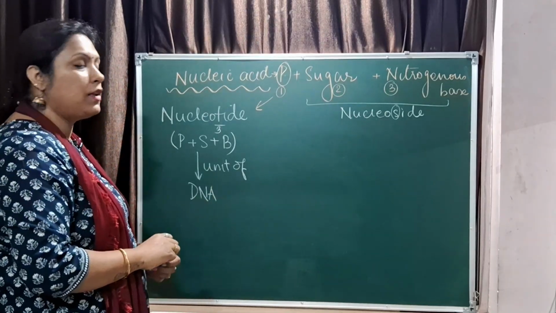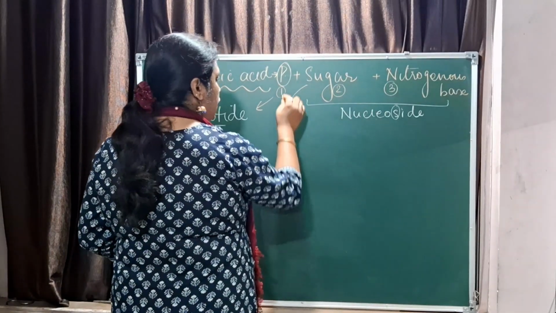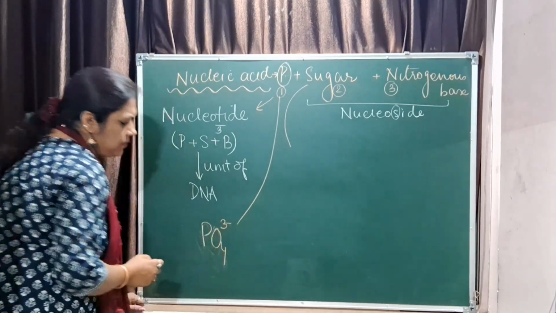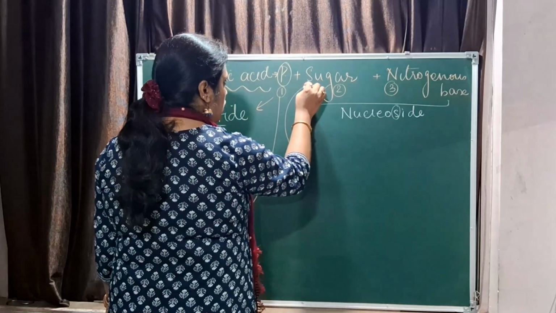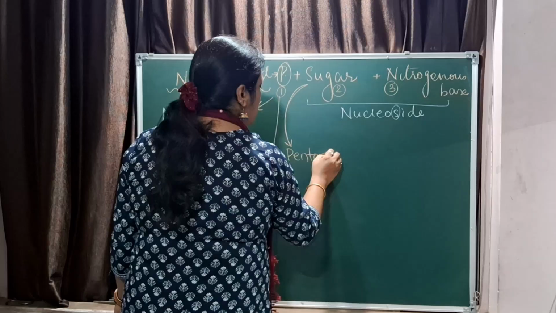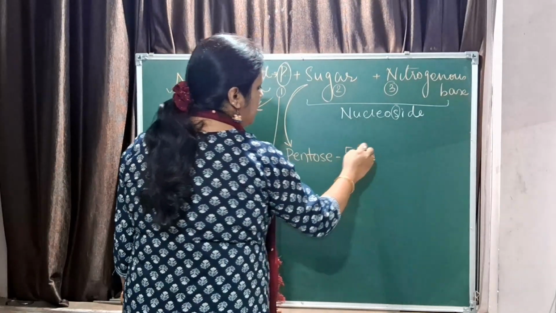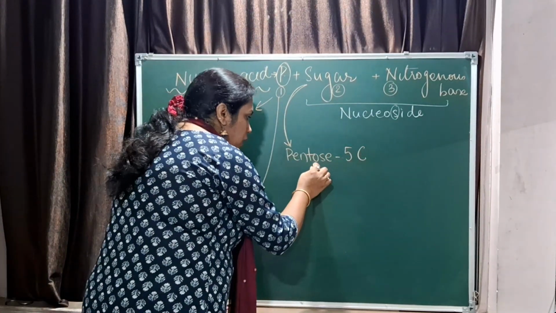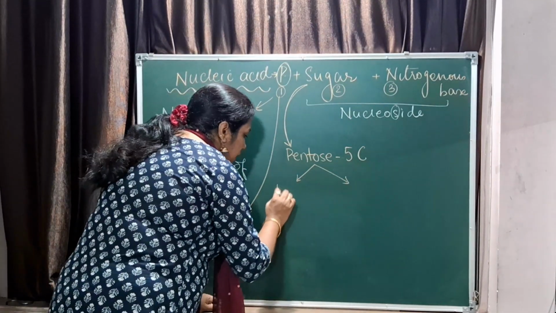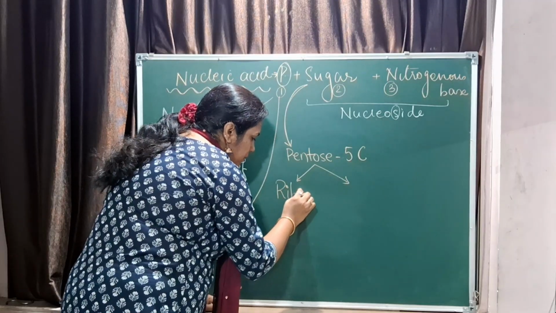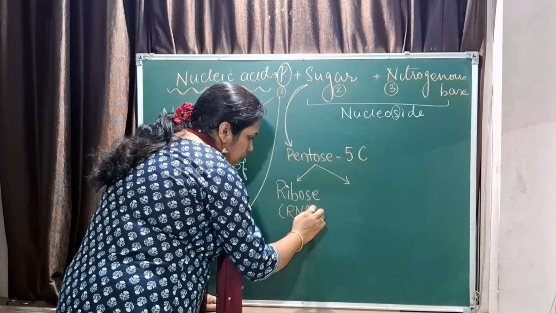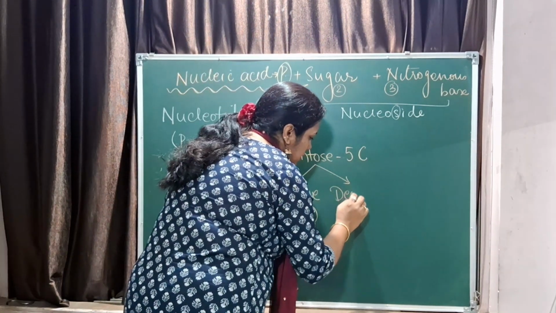Now when we talk about the sugar, phosphate, you all know it's this PO4 3 minus is the phosphate. Let us talk about the sugar. Sugar is a pentose sugar. Pentose sugar means it has got 5 carbon. Is that clear? There are two types of pentose sugar. One is present in DNA and one is present in RNA. That is ribose. Ribose sugar is present in RNA and deoxyribose is present in DNA.